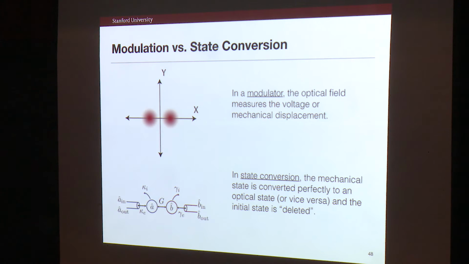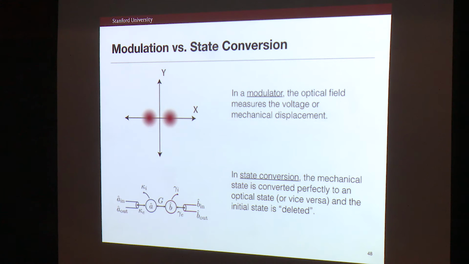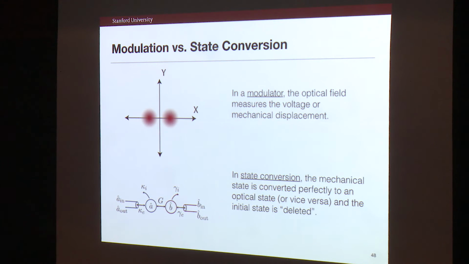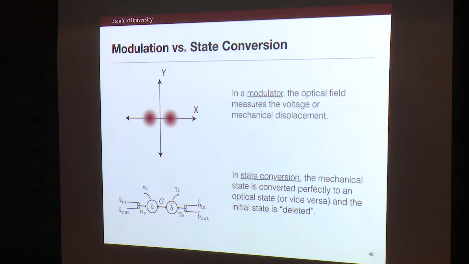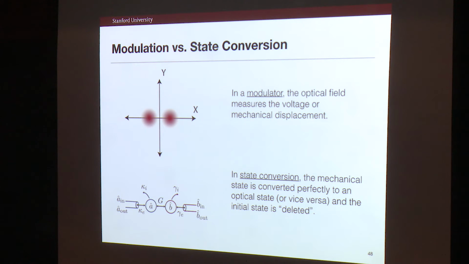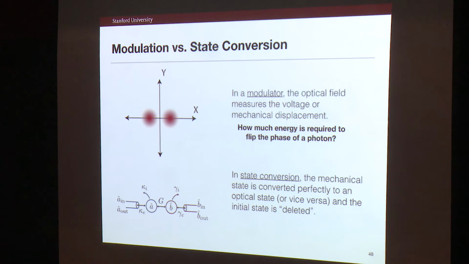In a state converter, the structures look very similar, but they're used in a different way. You send in a microwave photon and out comes an optical photon. You're not making a measurement, because you're destroying the incoming signal and converting it. And practically, there are different figures of merit that matter for these two different things.